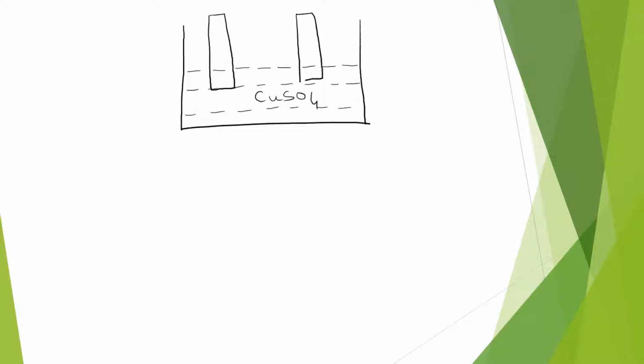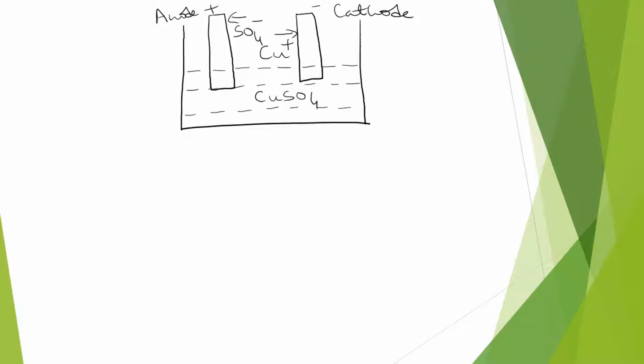So we have the copper sulfate solution in the vessel, and two electrodes, one connected to positive of the supply and another negative of the supply. So two electrodes, one is anode and another cathode, the negative one. So this copper sulfate solution will dissociate into positively charged copper ions and negatively charged sulfate ions.